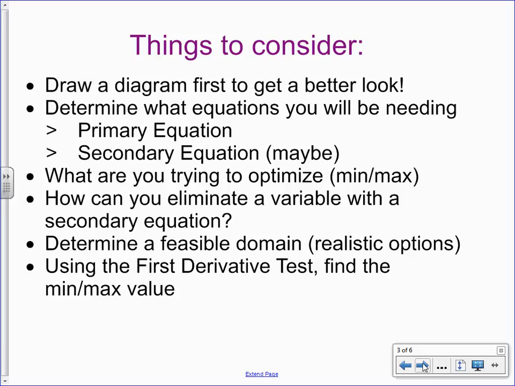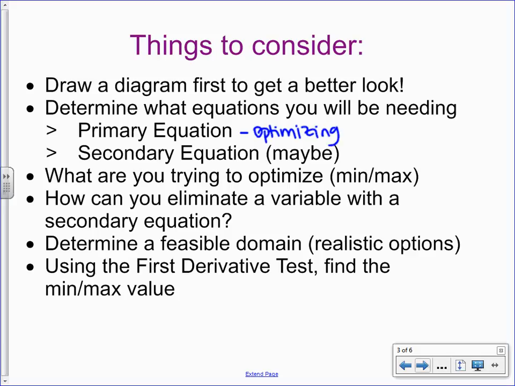First of all, we're going to need to draw a diagram. That should not surprise you at all. You'll want to determine the equations that you'll be needing. So for sure there will be a primary equation, and this will be related to whatever you are optimizing.